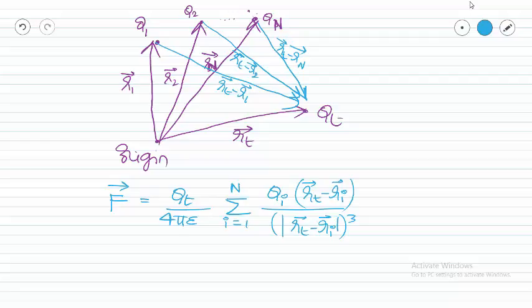So this is the expression for the force acting on Qt due to this n number of charges.